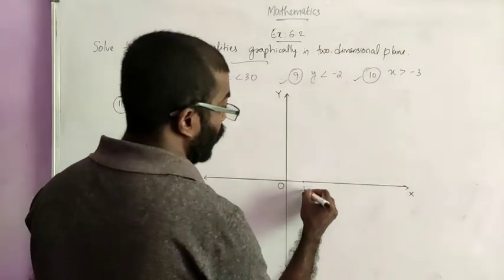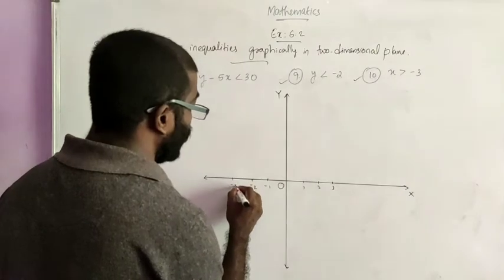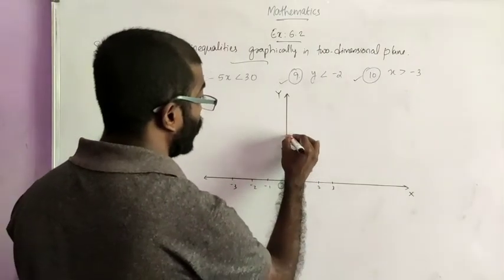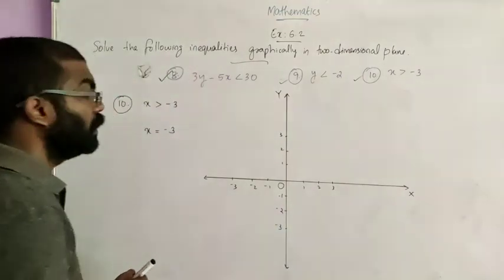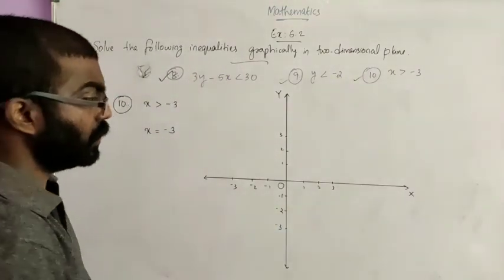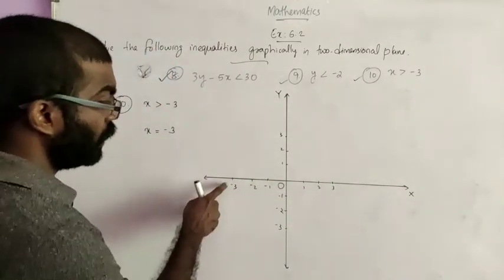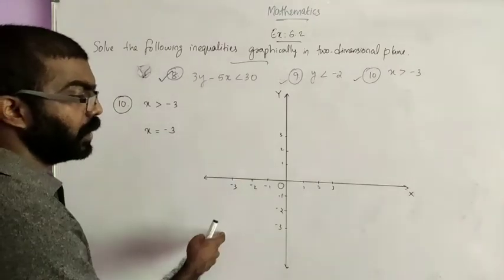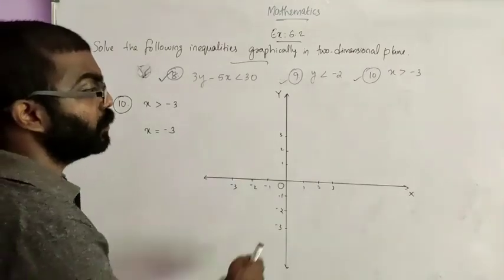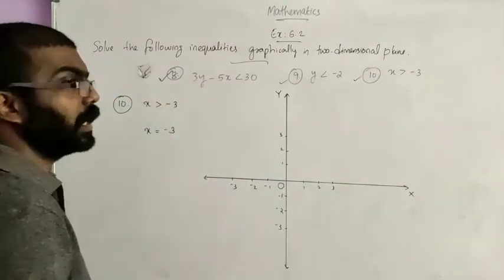Then 1, 2, 3, etc. Minus 1, minus 2, minus 3, etc. Here also 1, 2, 3, etc. Minus 1, minus 2, minus 3, etc. Here the value is x equal to minus 3. Horizontal axis is called what? X axis. And here the value x equal to minus 3. And through this number minus 3, we have to draw a line which is parallel to y axis. Okay. So we have to draw a vertical line.